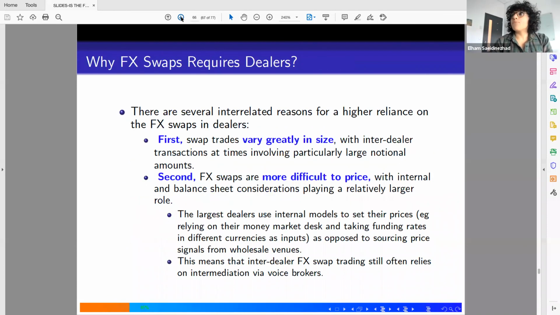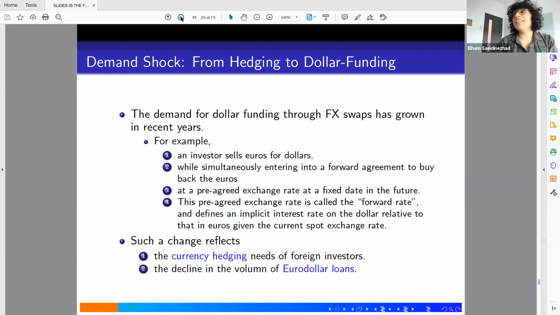And the last thing that I want to discuss is something that we have talked about a bit more than the previous structural changes. That's the fact that the demanders, or the clients in the FX swap, are there for different reasons.